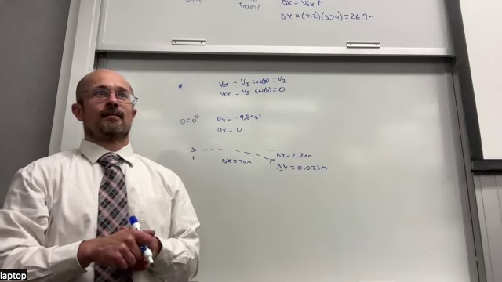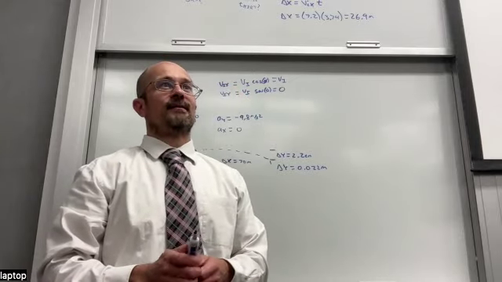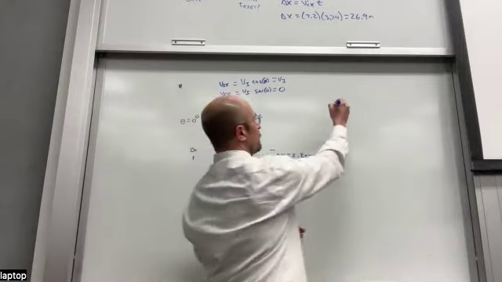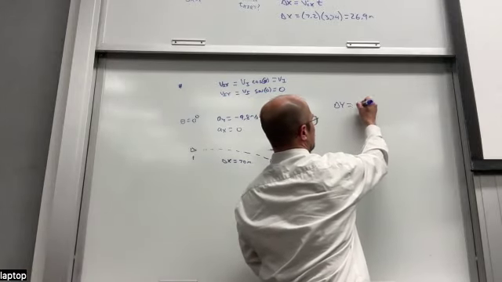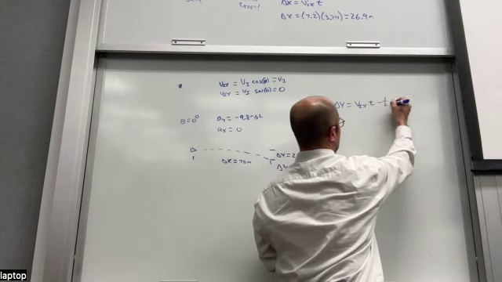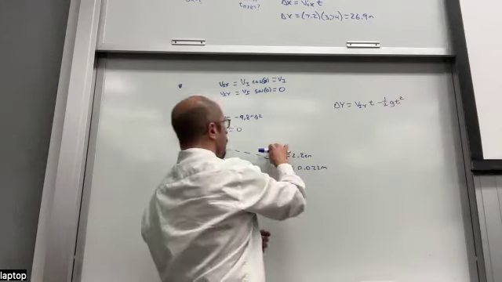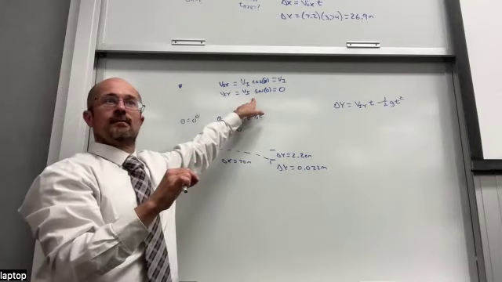So delta y is VIY t minus 1/2 g t squared, because the bullet falls that distance, because it's in free fall, because V initial in the Y is 0.